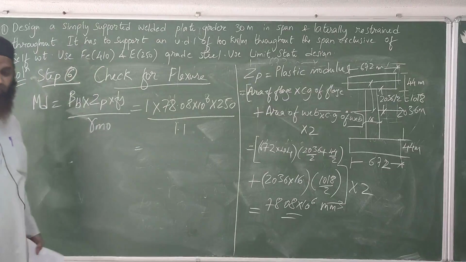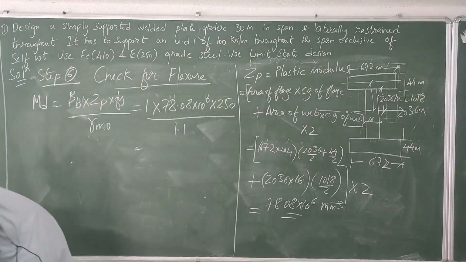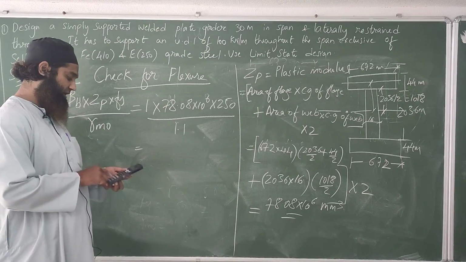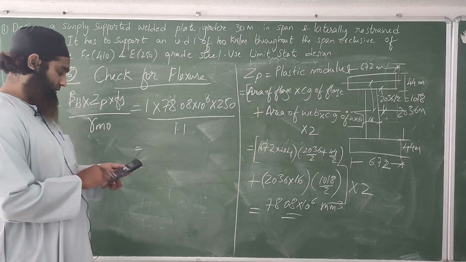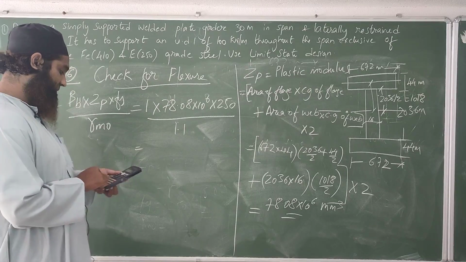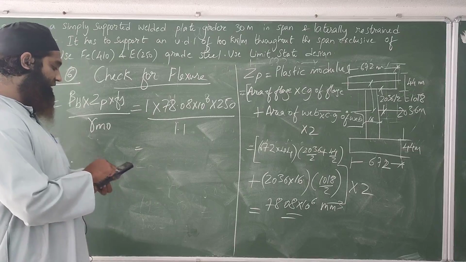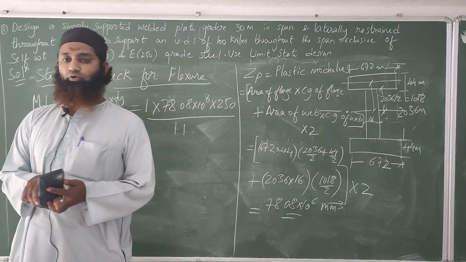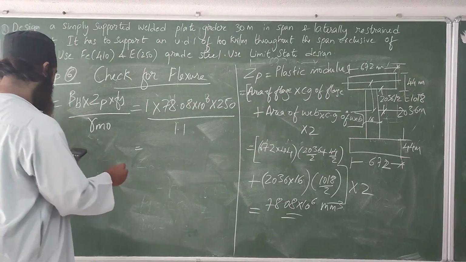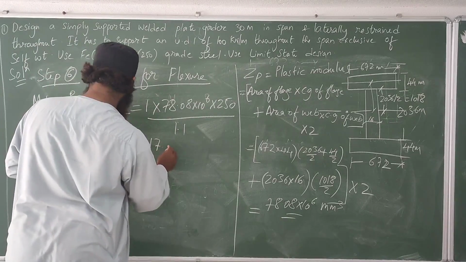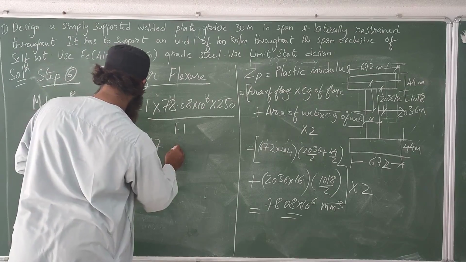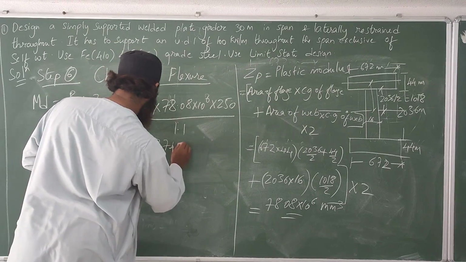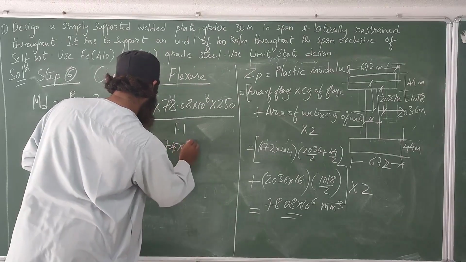We'll get some value here. You can calculate that value: 78.08 into 10 to the power of 6 into 250 divided by 1.1. I got this value as 17.745 into 10 to the power of 9.